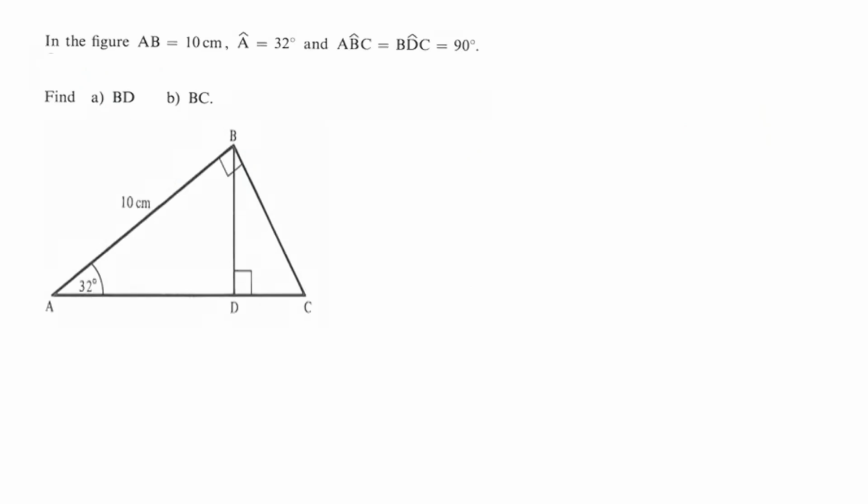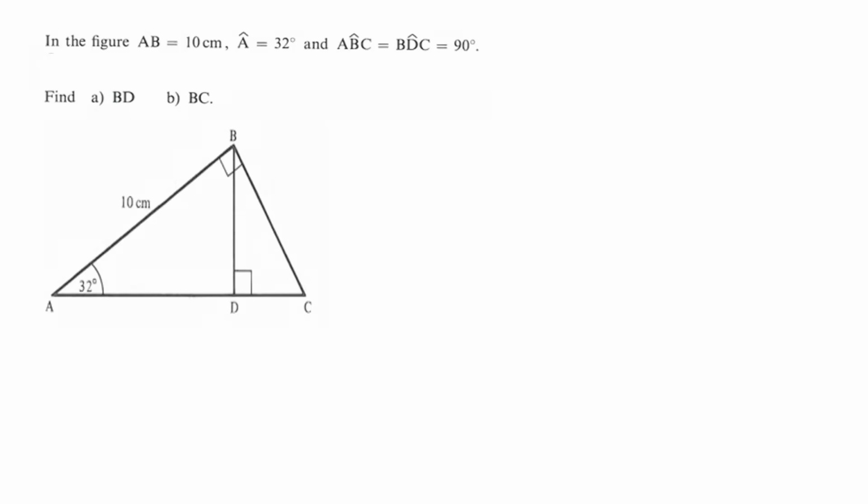Here a figure, triangle ABC, is given. AB is 10 centimeter and angle A is 32 degrees, and angle ABC and AC is given as 90 degrees. Now we need to find the BD side and the BC side.